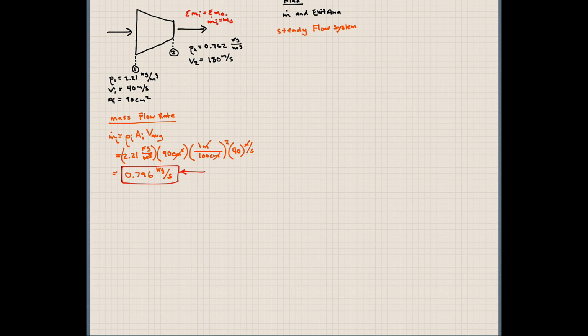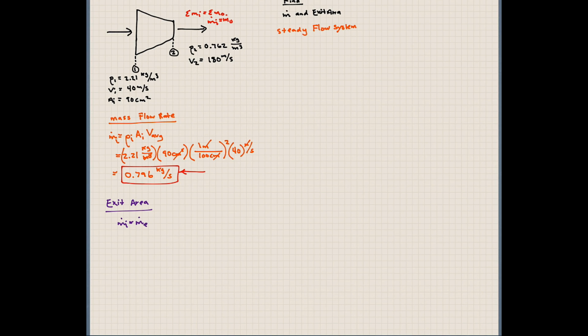The next question is we want to find the exit area. So the exit area we can calculate using our mass flow rate. Remember, we just stated that mass flow rate in is equal to mass flow rate exiting, since this is a steady flow system with only one inlet and one exit.